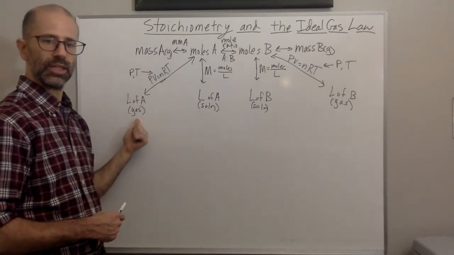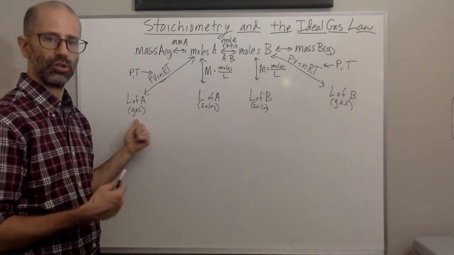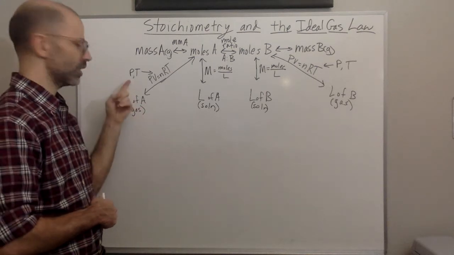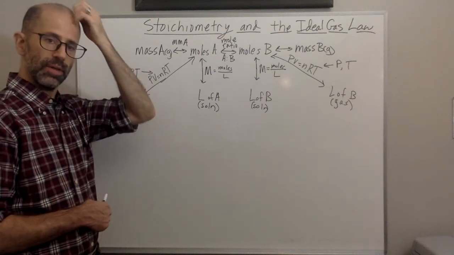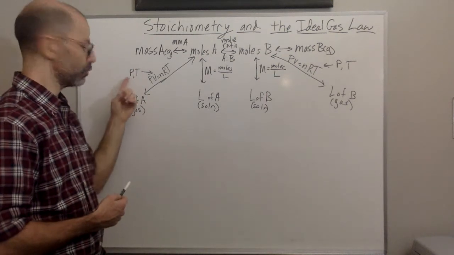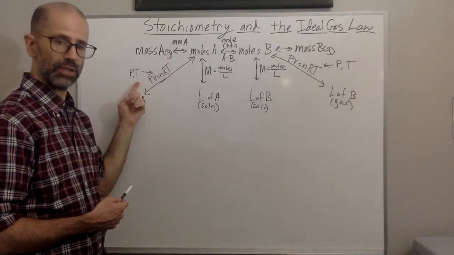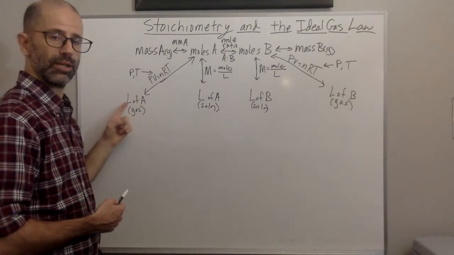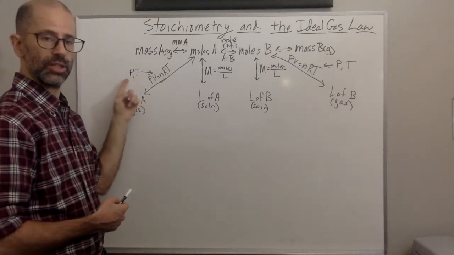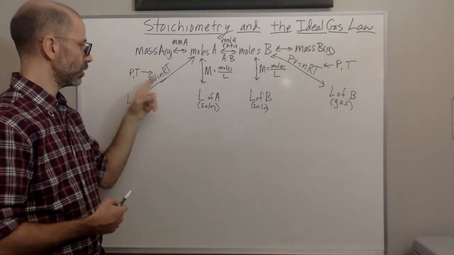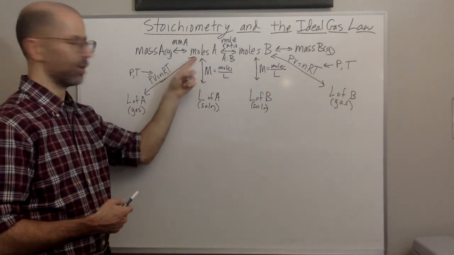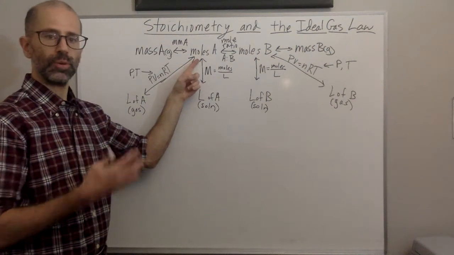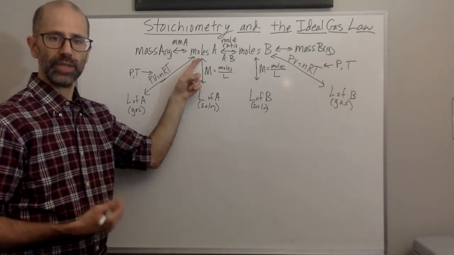A lot of times they're going to give us liters or some volume of a gas, and then they're going to give us other conditions of the gas, pressure and temperature. If we recognize that we're given that information, we can use the liters and the other conditions, pressure and temperature, put them into the ideal gas law, and then we can find moles. And then once we have moles, we can go wherever we want, depending on what the problem is asking for.